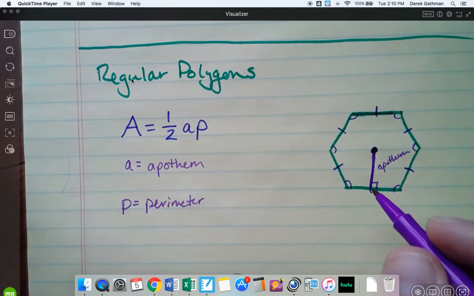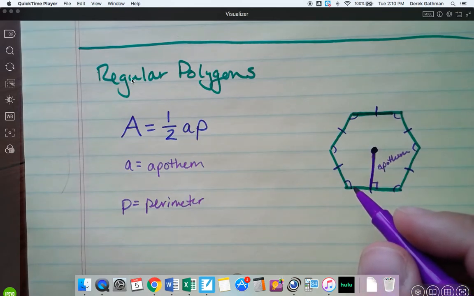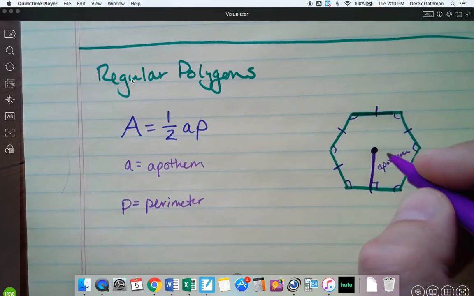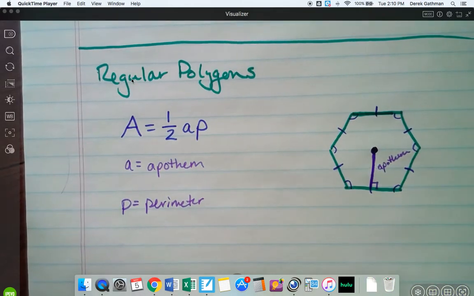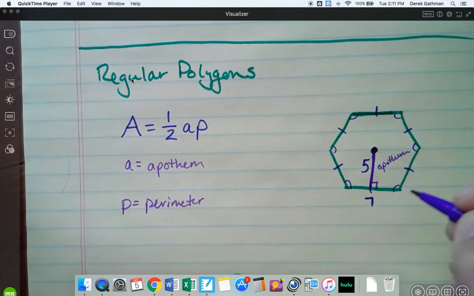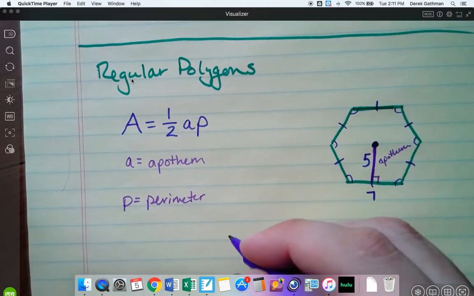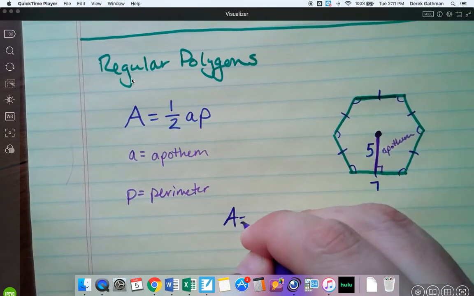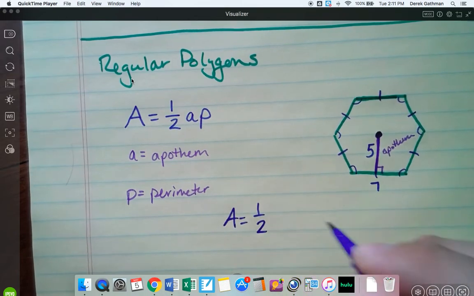So let's say that the apothem of this hexagon is 5, and the side length of it is 7. Just making up numbers here, just to show an example. To find the area of it, I have 1/2 times my apothem.